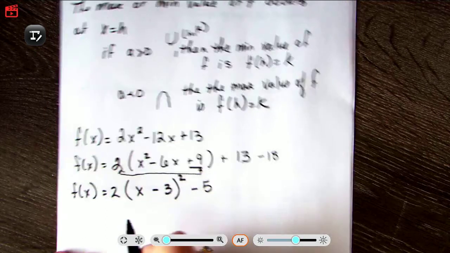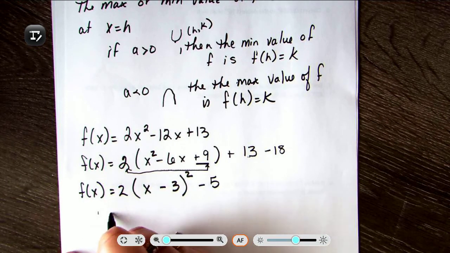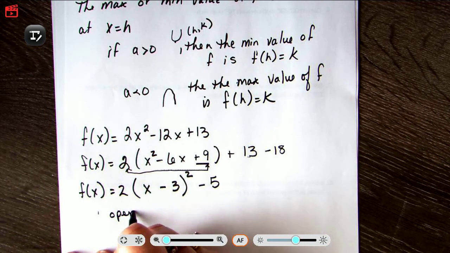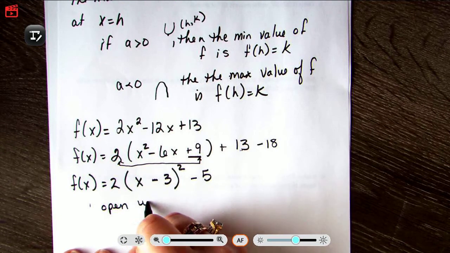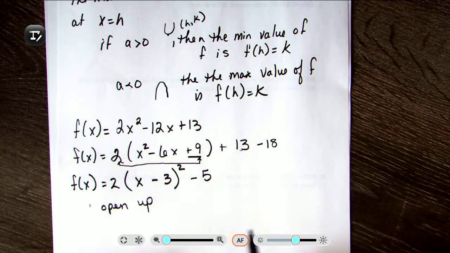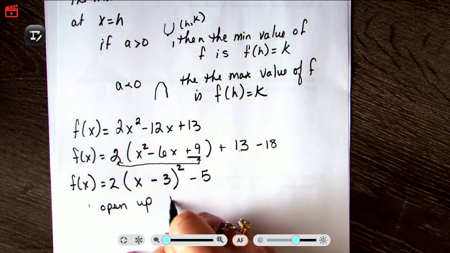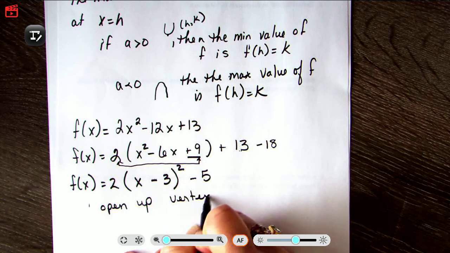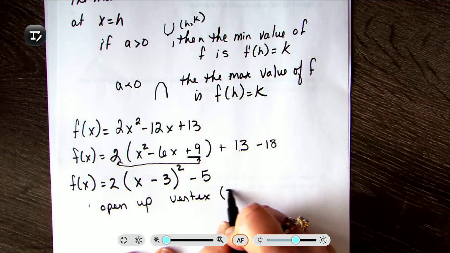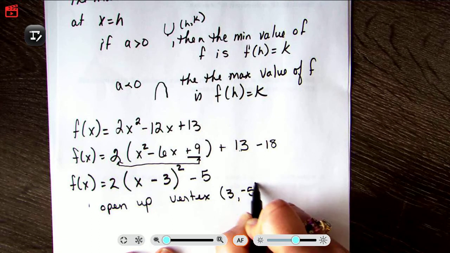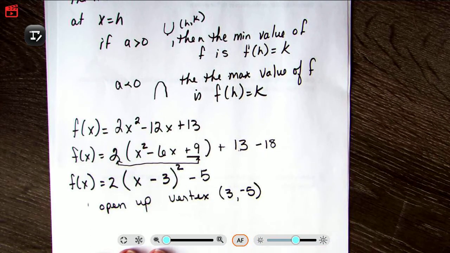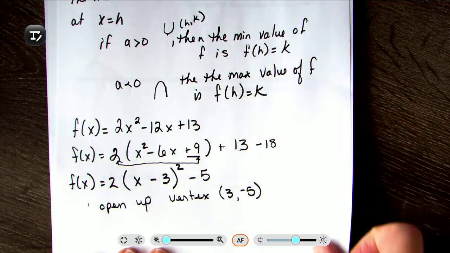So now we have a quadratic, which is going to open upward because of the positive 2. It's got a vertex at (3, negative 5). And we can also plot some other important pieces.